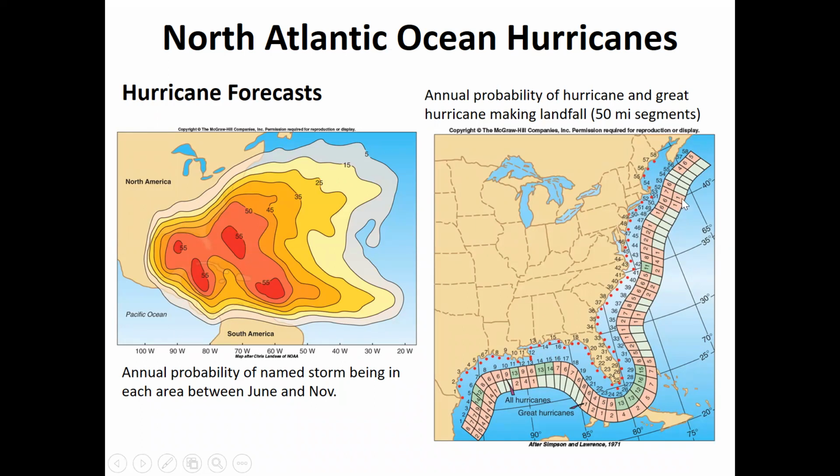And then the outer ribbon is great hurricanes, and there's a much lower percent chance of a great hurricane, category 4 or 5, making landfall. However, in Florida, you could see the chances of a hurricane making landfall are much more significant, right? And even for a great hurricane.